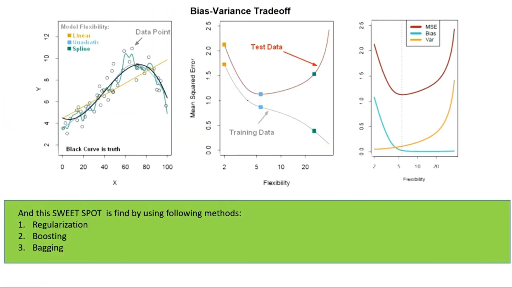And now let's see how we can find that sweet spot. There are basically three methods used for this. The first is regularization, the second is boosting, and the third is bagging. For the sake of this video, I'm not going to elaborate on these three methods or concepts. We will see them in later videos.